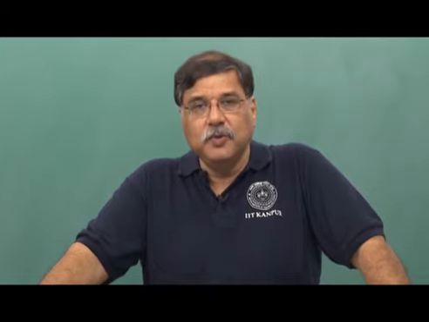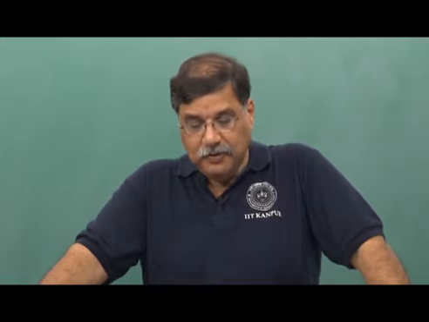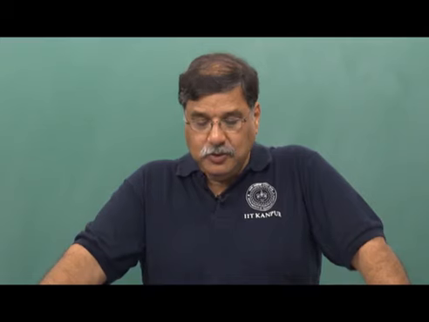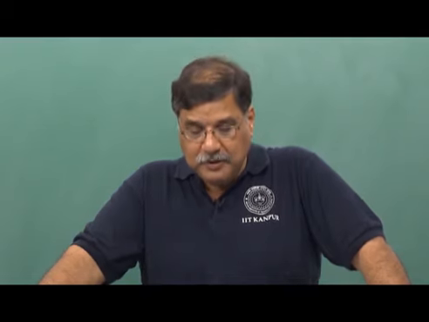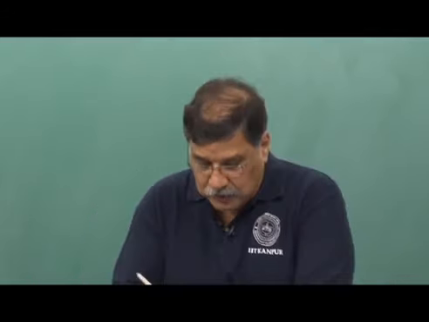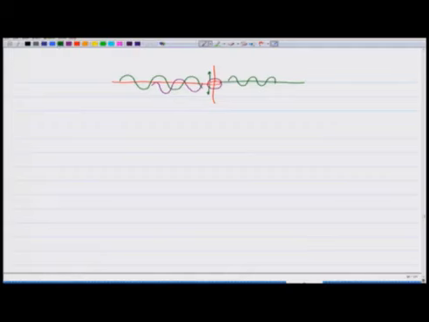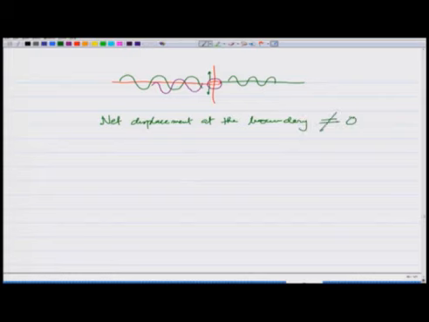This is something which you will learn in advanced classes, but for the time being qualitatively you should think about what all could happen at the boundary where this ring is there, right. So, what I am talking about is the net displacement at the boundary is not equal to 0.